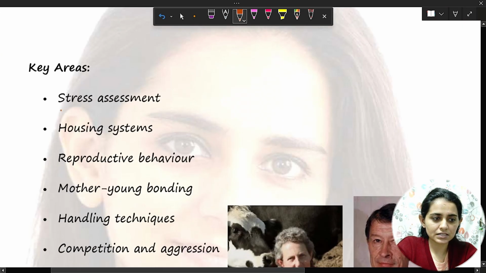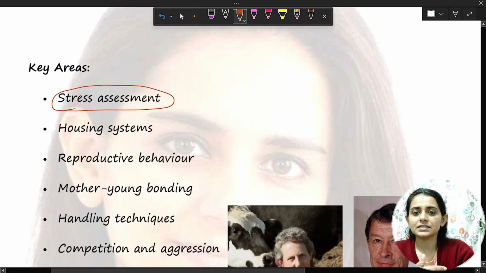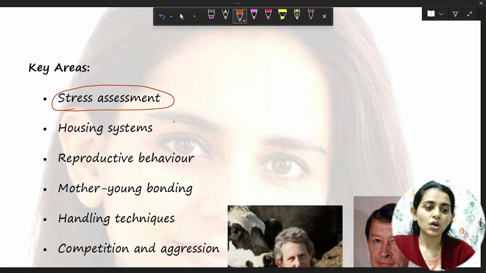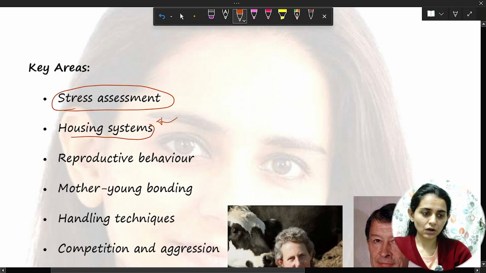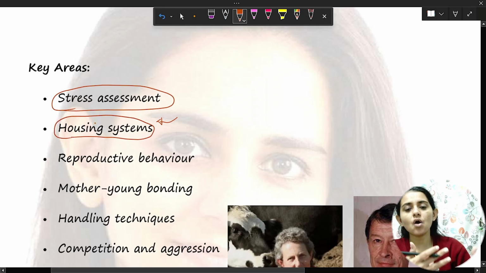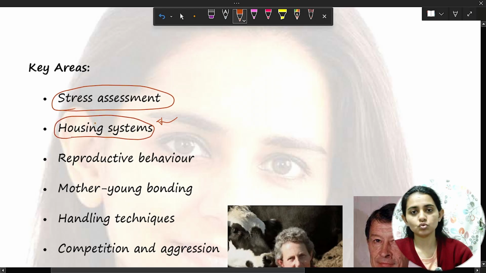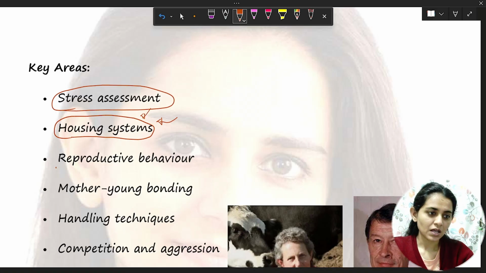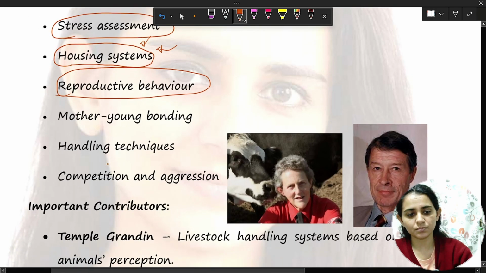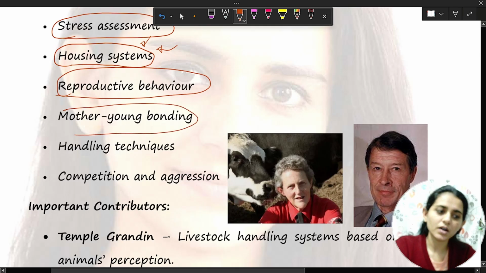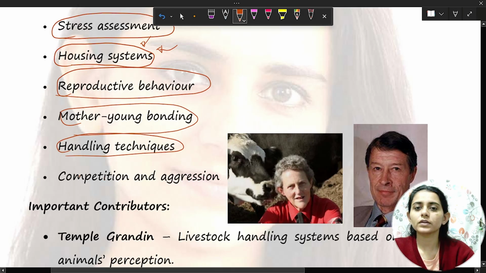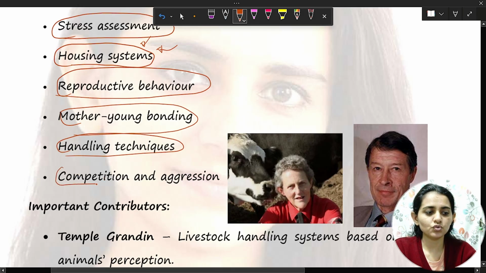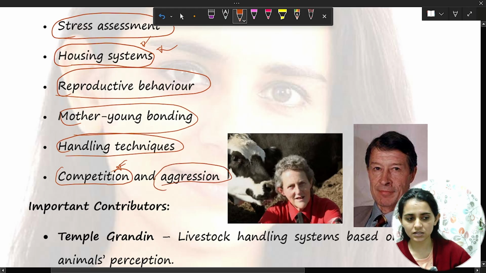Key areas: stress assessment in domestic animals; housing systems, how we can change them to manage stress; reproductive behavior, including mother-young bonding; handling techniques, how to handle these animals by knowing their behavior; and competition, how they compete for food and how they become aggressive toward other domestic animals.